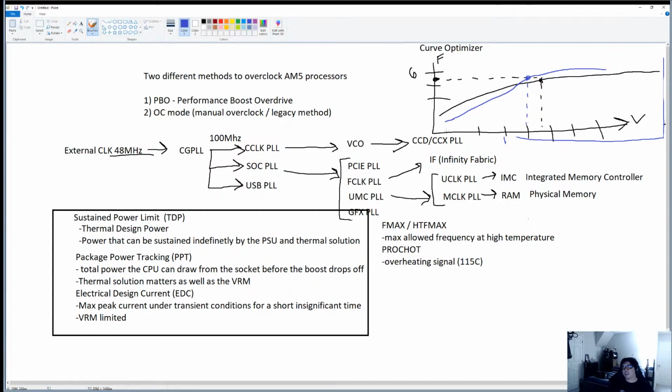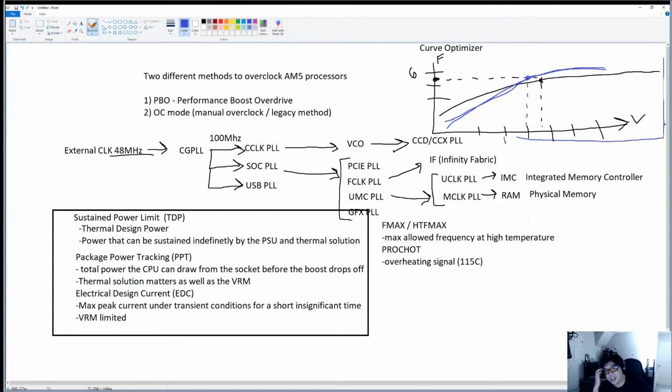I know I didn't draw it out that well, but essentially it changes the shape of the curve. Curve optimizer is tuning or optimizing the curve. The temperature isn't what you're tuning. The lower temperature is just a byproduct of using a lower voltage.